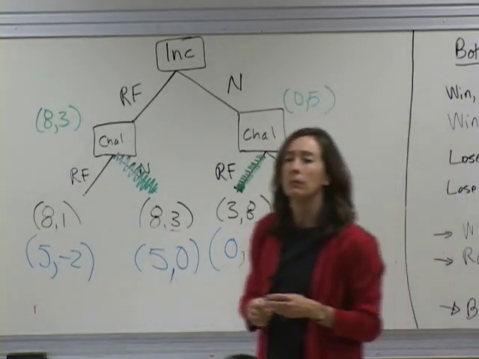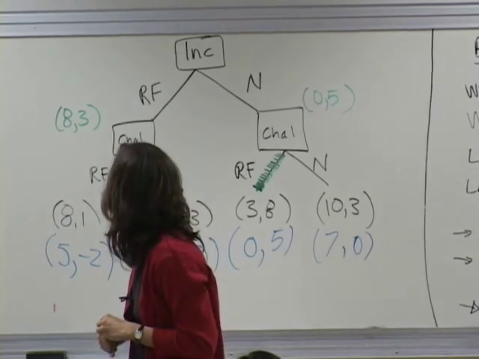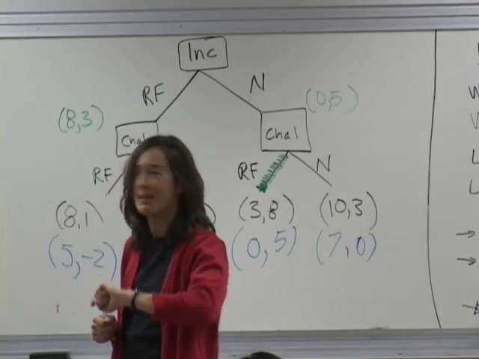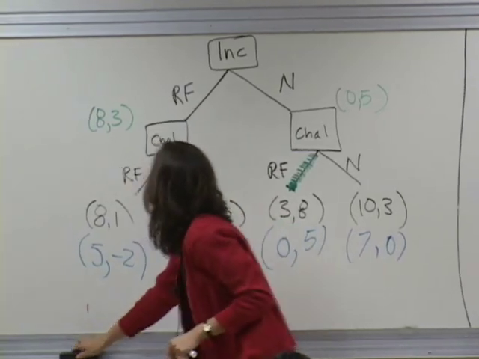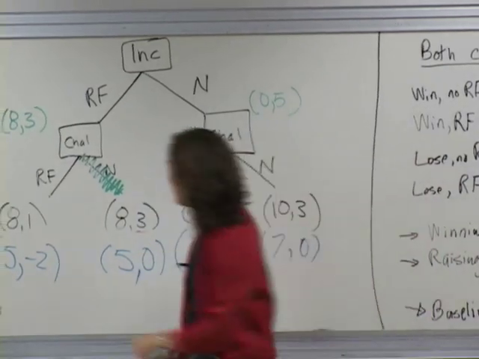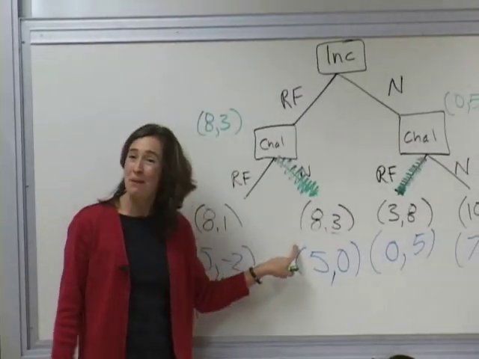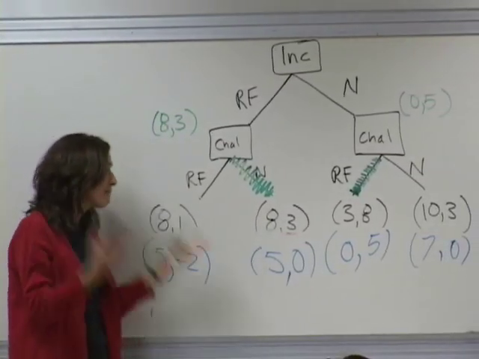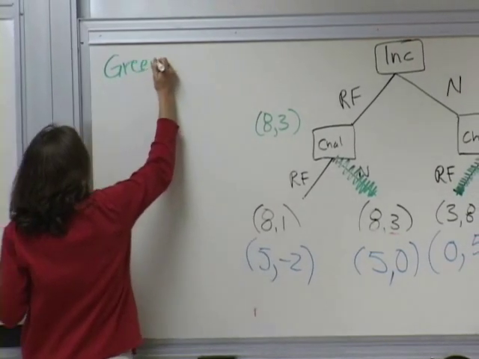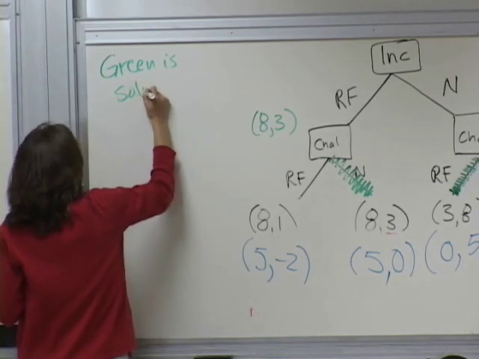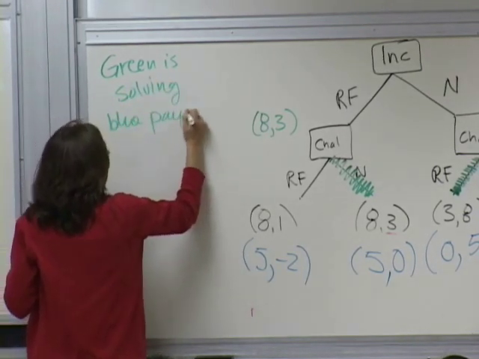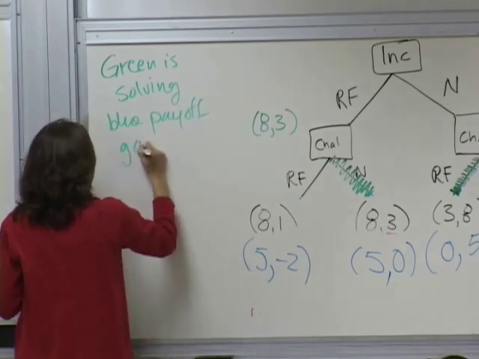Yes? The reason is, okay, I'm even early today. I'm starting to make those mistakes. Bless your heart. Okay, I did it right here, okay? I was pointing to the right place, but right now, green, let me emphasize this, green is supposed to be solving the blue payoff game, okay?